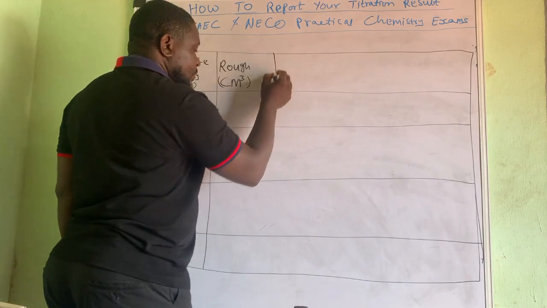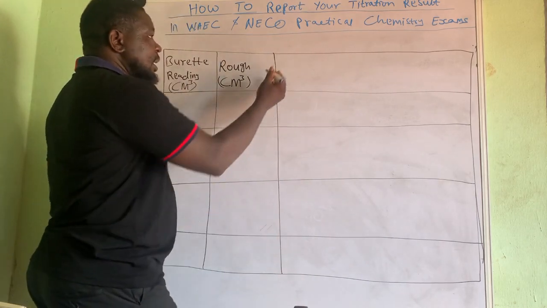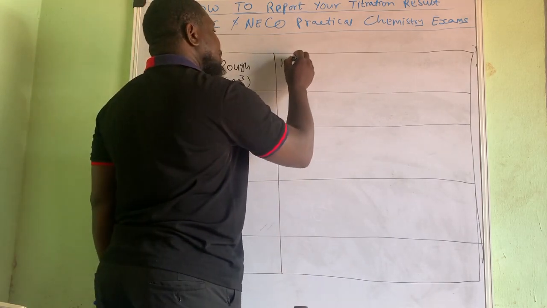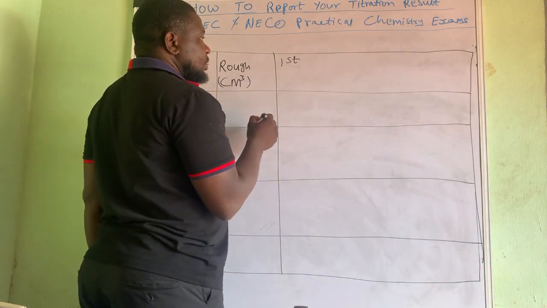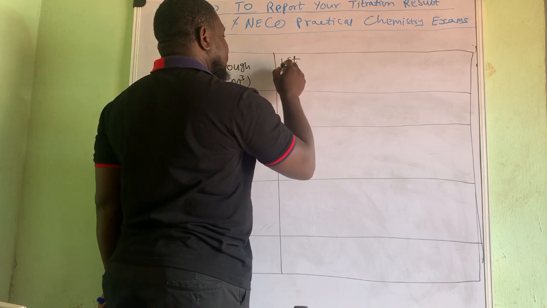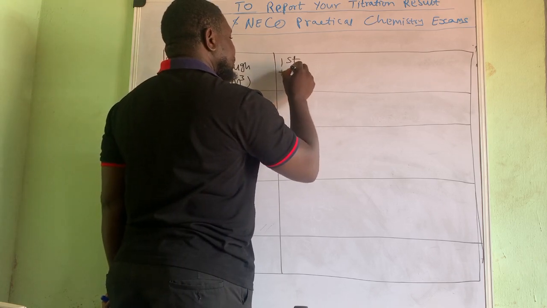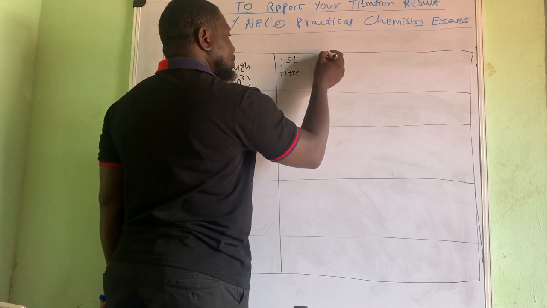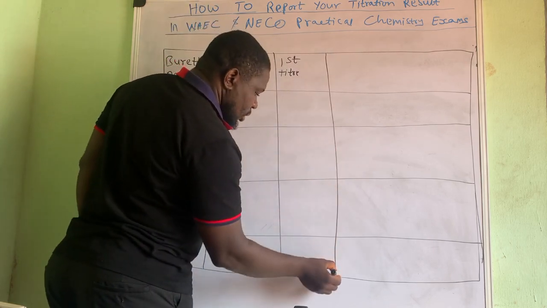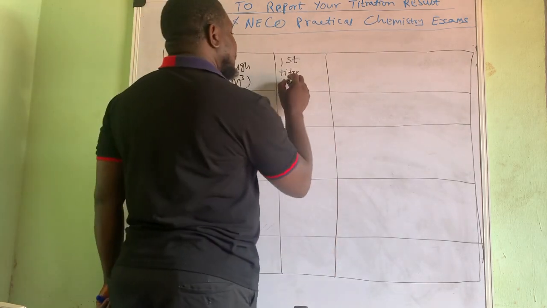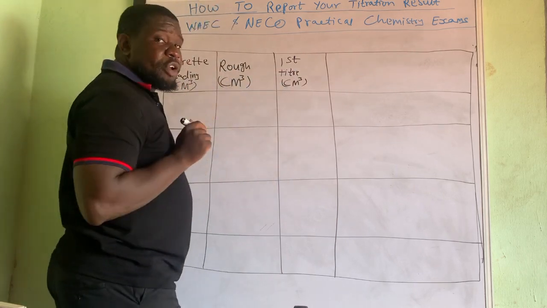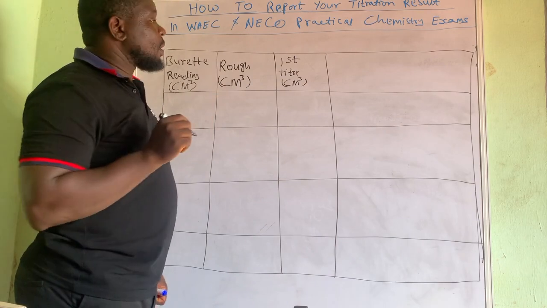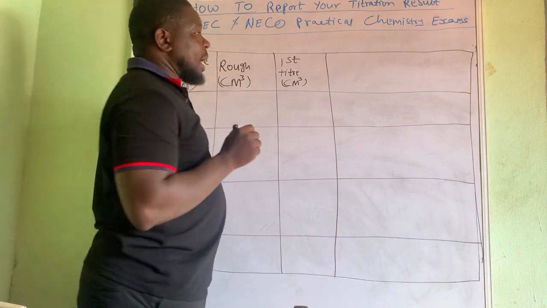Then after your rough, you have your first titer value. You can write it as first titer, or you may just write first and then write in centimeter cube. The units are very important because once you miss your unit, you begin to lose your mark.